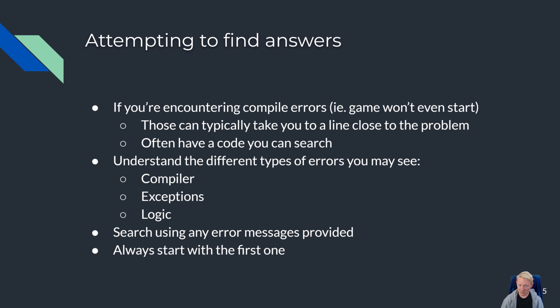It's less common in C#, but I come from C++, where you might be working on stuff and it's like, I have 1,600 errors, and you make one tiny change, and it's like, I have 20 errors, and then you make another fix, and it's like, I have 500 errors. That can happen, but the key to resolving that is you start with the first one and you work your way down. Always, always start with the first one.